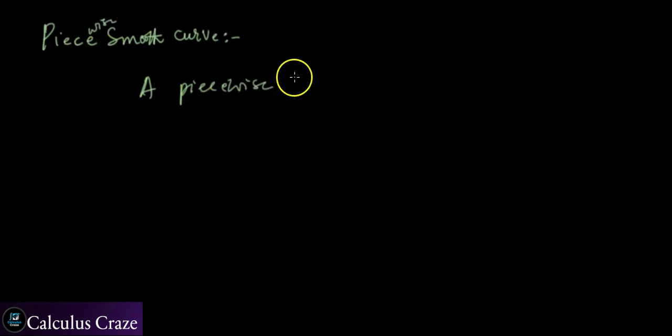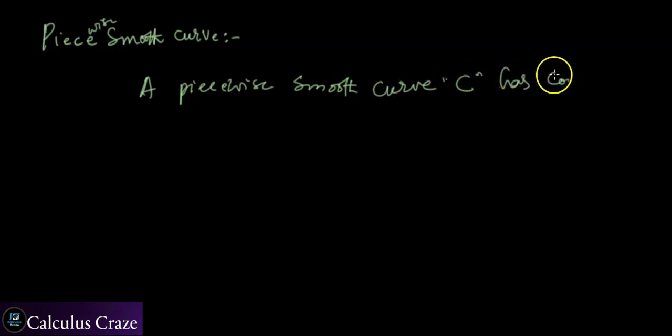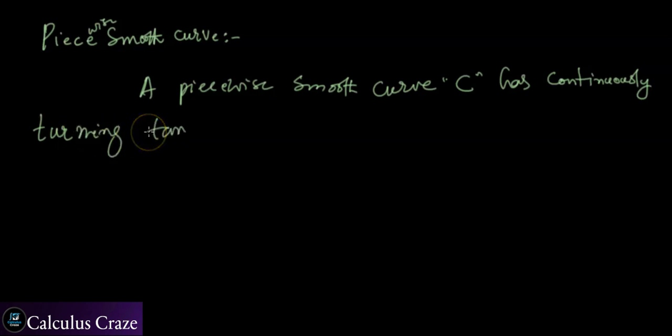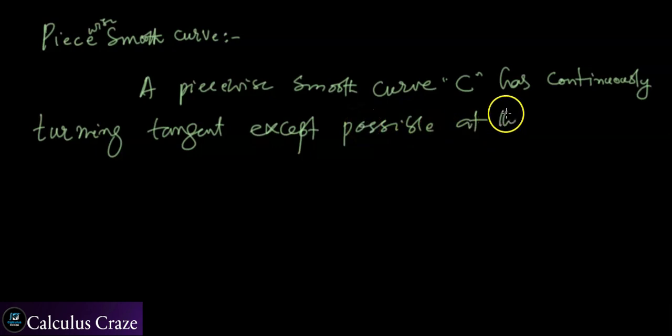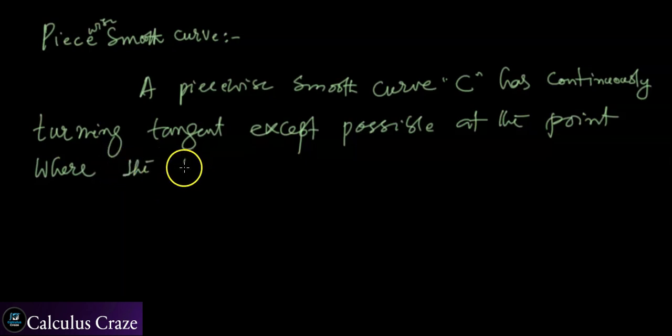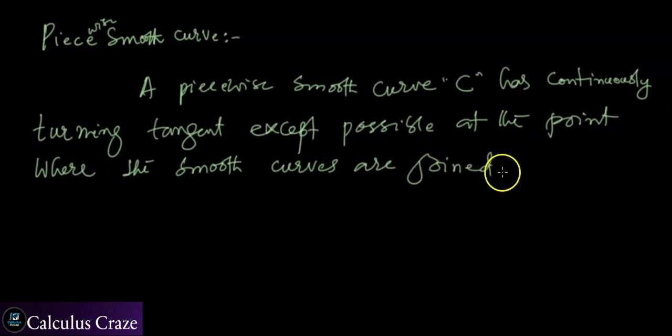A piecewise smooth curve C has a continuously turning tangent, except possibly at the points where the smooth curves are joined.